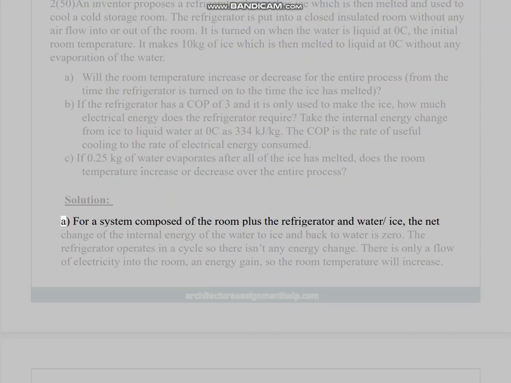Solution. A. For a system composed of the room plus the refrigerator and water/ice, the net change of the internal energy of the water to ice and back to water is 0. The refrigerator operates in a cycle, so there isn't any energy change. There is only a flow of electricity into the room, an energy gain, so the room temperature will increase.